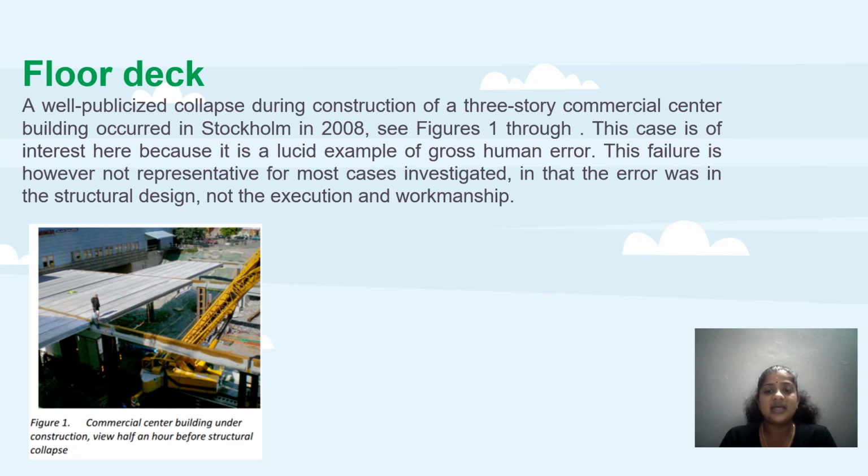In this case, the error was in the structural design, not the execution or workmanship. Here is a picture of how the scenario happened. I couldn't find the full video, so I have attached a picture of the floor deck collapse. I will pass to my next presenter.